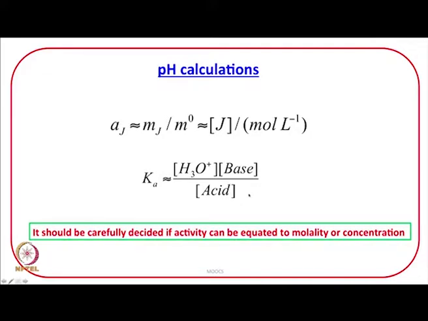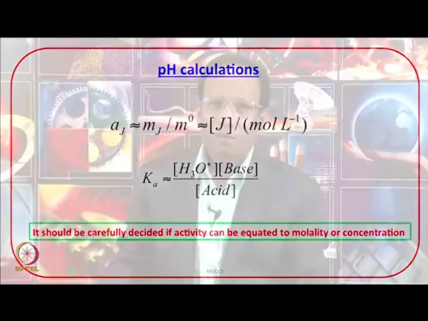In elementary textbooks, the acidity constant is written as the ratio of the concentrations, and in advanced textbooks it is written as the ratio of activities. So, please make a suitable judgment on when activities can be replaced by molality or by concentration.